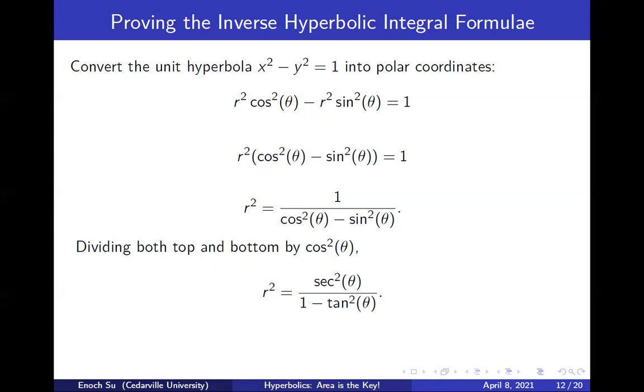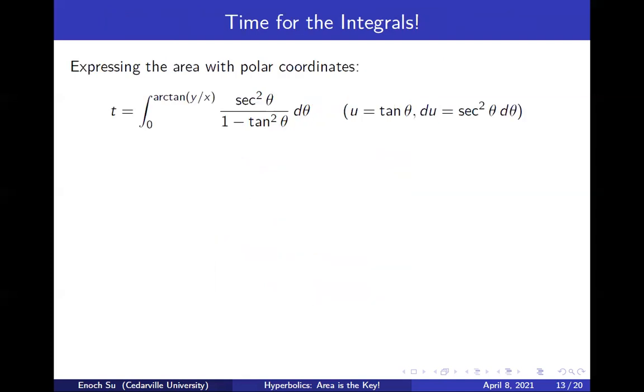Now we're going to use the area of a figure in polar coordinates, which we know to be A equals 1/2 of the integral from alpha to beta of r squared d theta. And now we are going to put that in. So you see secant squared theta over 1 minus tangent squared theta is r squared, and then the d theta.